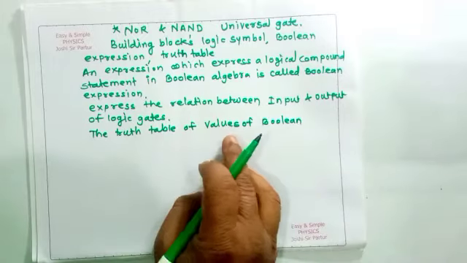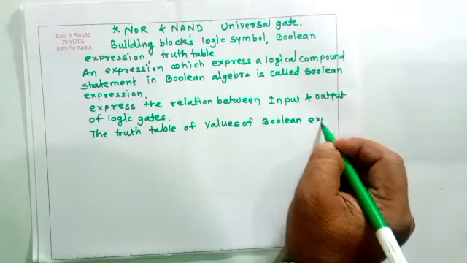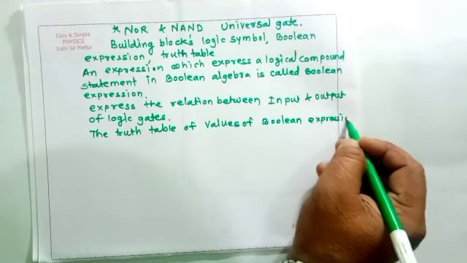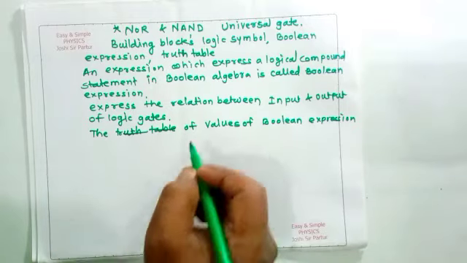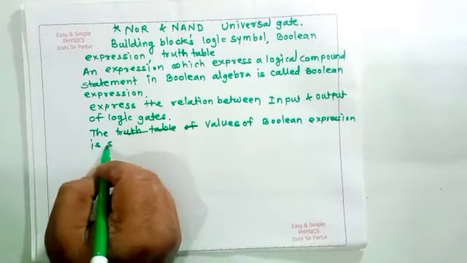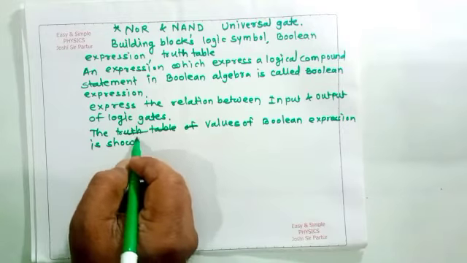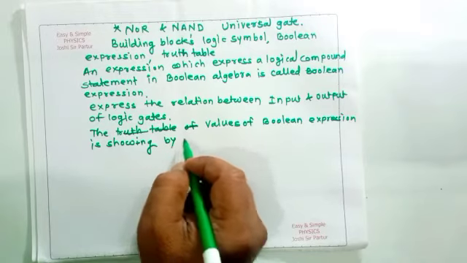The values of a Boolean expression are shown by the truth table.